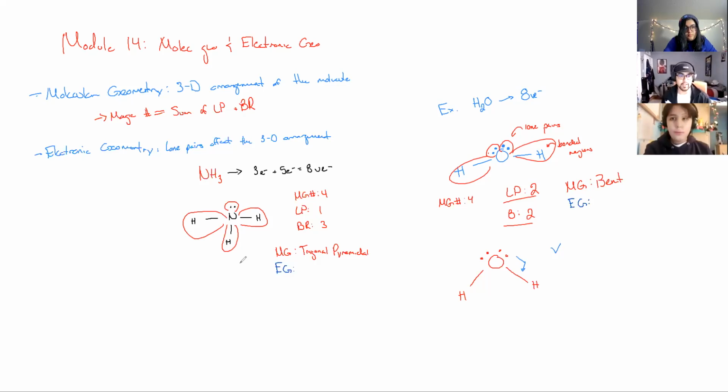So looking at ammonia, what would be our electronic geometry? Tetrahedral? Yes, tetrahedral. And then what about our electronic geometry for water?